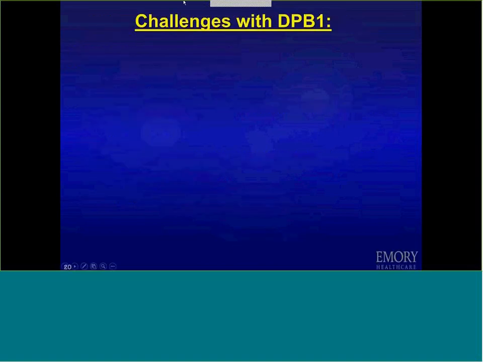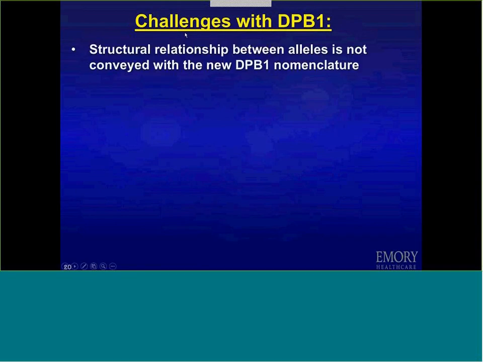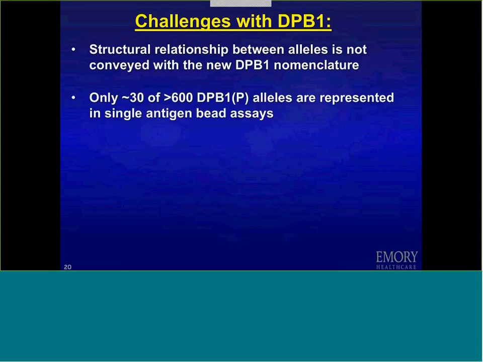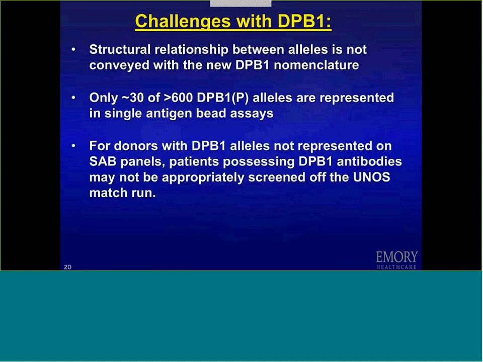So, as Howie was alluding to, we have a number of challenges with DPB1. The structural relationship between alleles is not conveyed with the new DPB1 nomenclature. And only about 30 of the 600 alleles are represented on single antigen beads. So for donors with DPB1 alleles that are not represented on the single antigen bead panel, patients that possess DPB1 antibodies may not be appropriately screened off the UNOS match run.